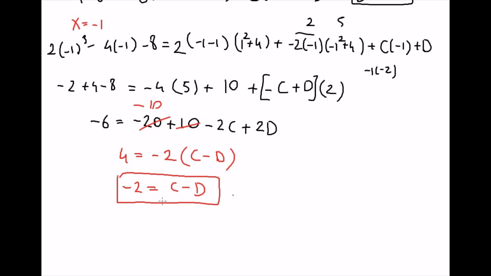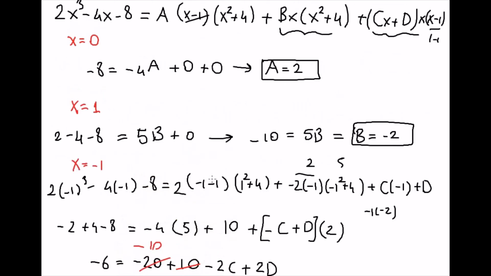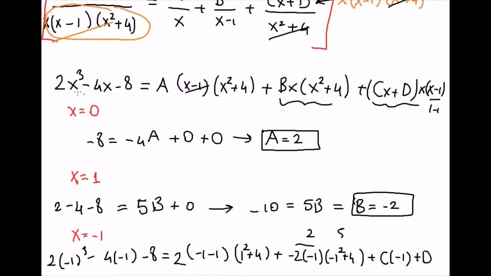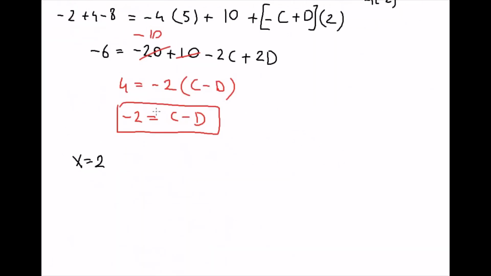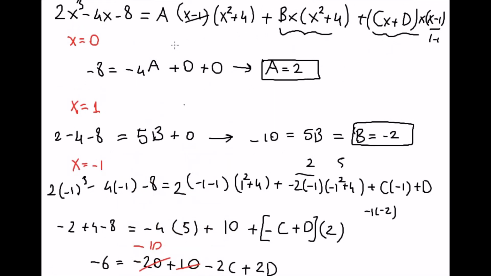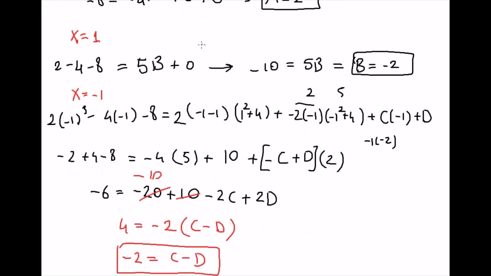Okay, this time let x be equal to any value you would like. I would like to pick 2. If x is 2, our original equation is 2x cubed minus 4x minus 8, so 2x cubed minus 4x minus 8 is equal to a times x minus 1.